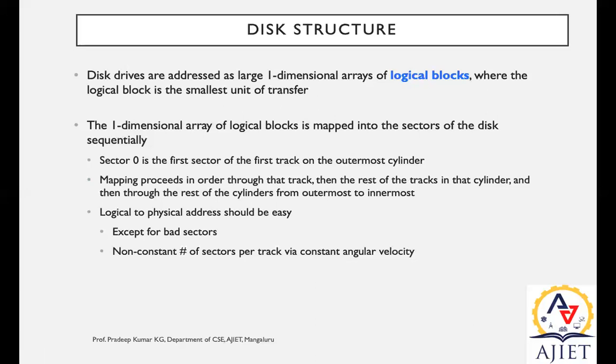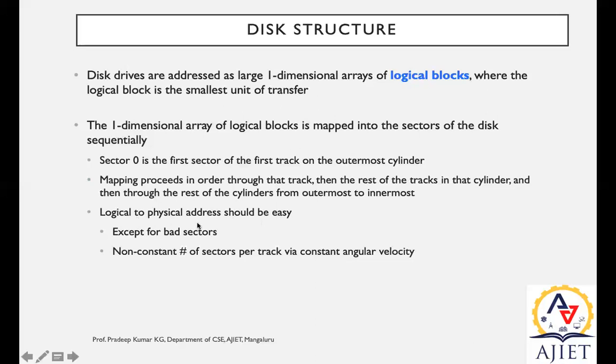And why do we go with that? Because it is a logical to physical address mapping, it should be easy to relate individual logical blocks to physical addresses. Mapping becomes easier. But we have some situations when we have a bad sector.